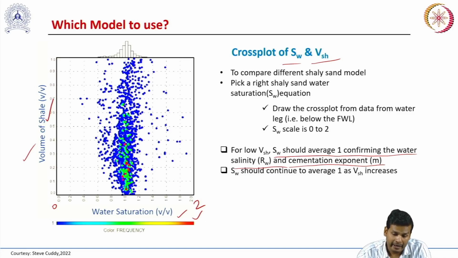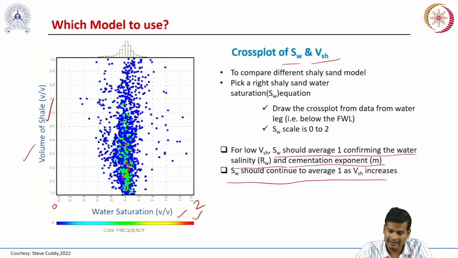Now in the section where I have high shale content, the model accuracy will depend upon whether my Sw continues to average 1 as Vsh is increasing. So in a water zone, even if Vsh is 30%, 50% or 60%, whatever the value, at high shale content my shaly sand models should give me water saturation of 1 in a water zone or water leg.